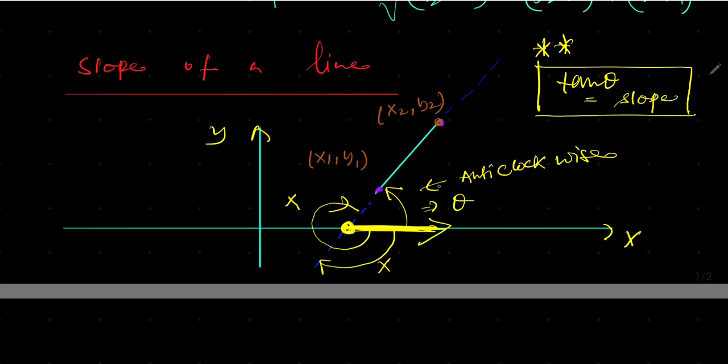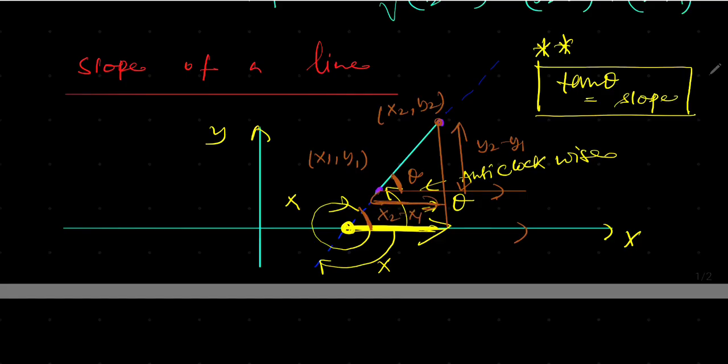Now if you want to calculate theta, if you draw a line parallel to the x-axis like this, and a line parallel to the y-axis like this, whatever this theta is will be the same as this, because these lines are parallel, so this angle is equal to this angle as corresponding angles. So this is also theta. Now how will you get tan theta? This is basically y2 minus y1, and this one is x2 minus x1.